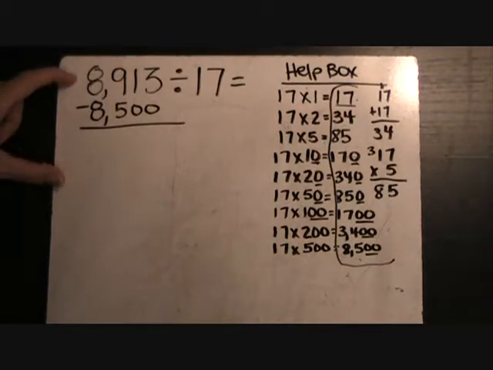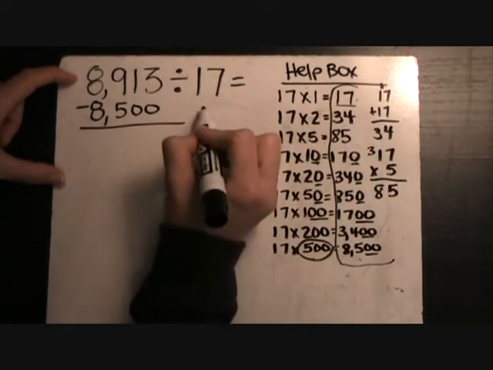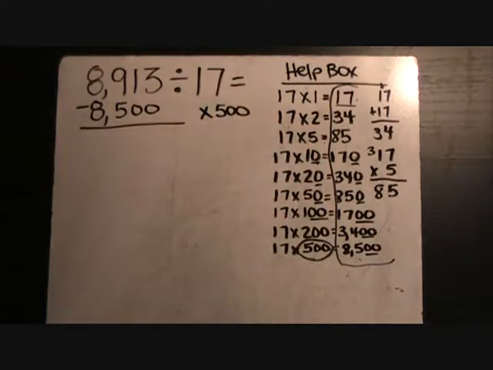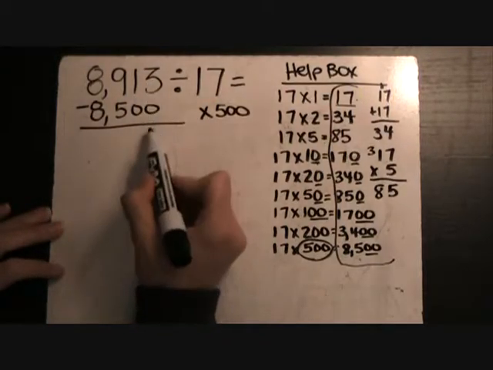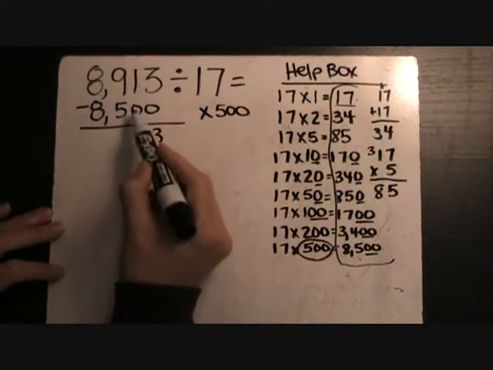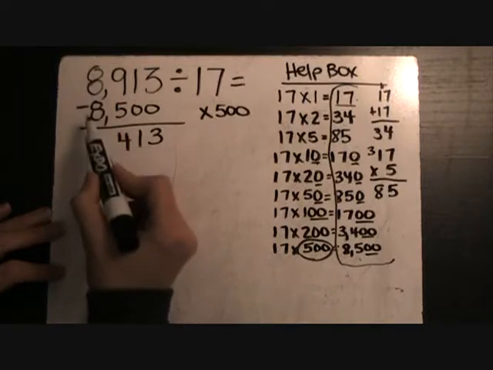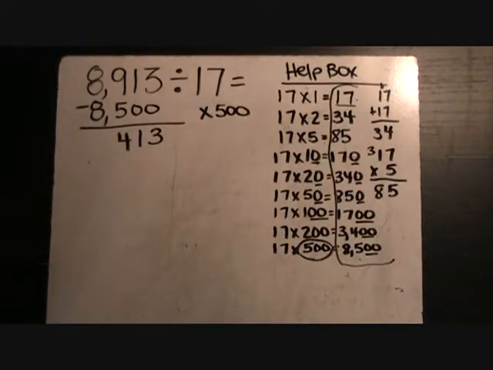Now, what did I multiply by to get 8,500? It was 500. So over to the side, I'm going to write a multiplication sign and then 500. That lets me know that I multiplied 17 times 500 to get 8,500. Now I simply subtract. 3 minus 0 is 3. 1 minus 0 is 1. 9 minus 5 is 4. And 8 minus 8 is nothing. So I will leave that blank.